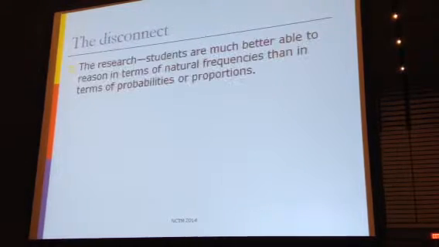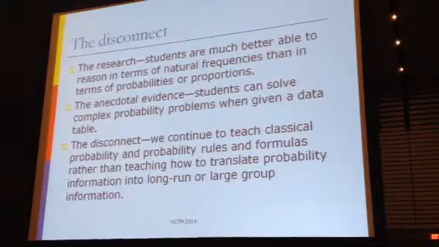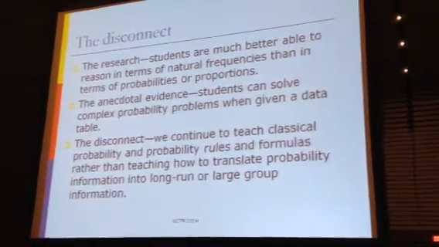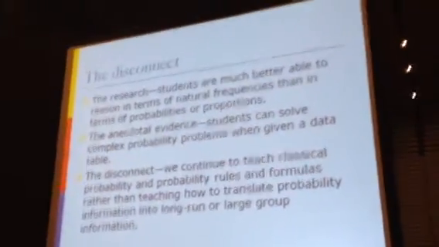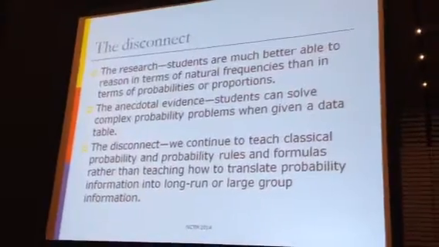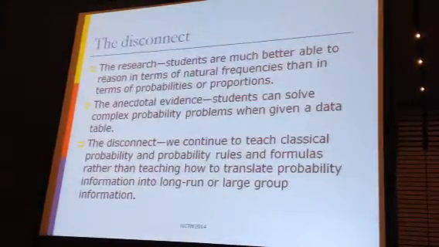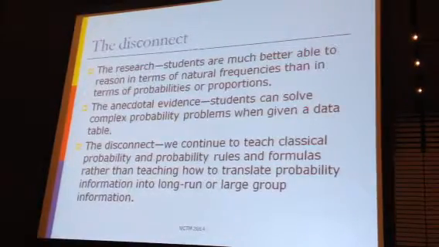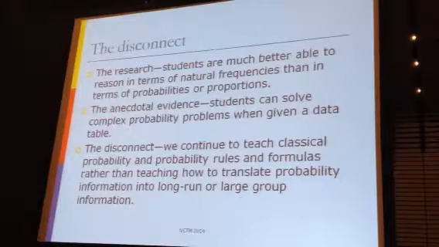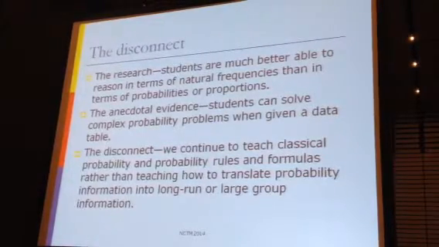I think I've already said this, this is the kind of disconnect. And I think it's tied to the approach that we start this in middle school. We start probability with classical probability, which is often set in games of chance, drawing balls from urns, picking socks out of the drawer, if anybody picks their socks at random out of the drawer.